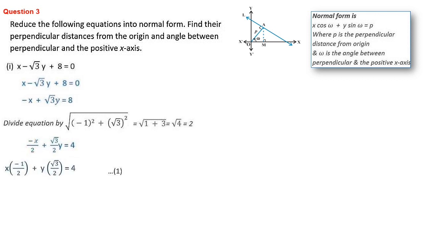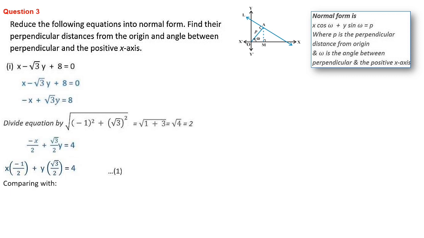That is, x into minus 1 by 2 means x we are separating, the rest of the terms, that is minus 1 by 2 constant we are writing separately, plus y into this root 3 by 2 equal to 4, because we want this format, x into cos omega we want, plus y into sin omega we want. So here x into something plus y into something is equal to 4, and we have taken preference for 4 also, because 4, since it is a distance, we want it as positive.